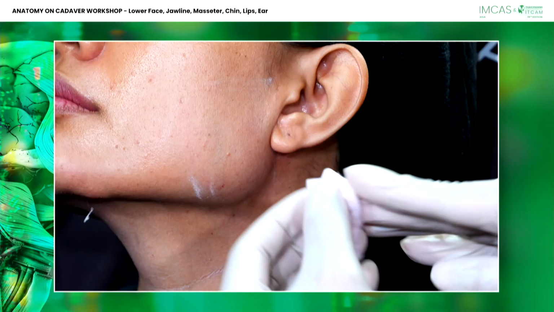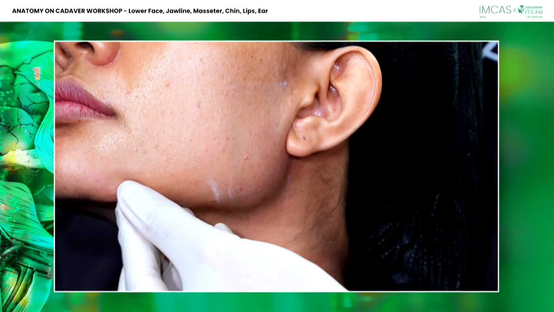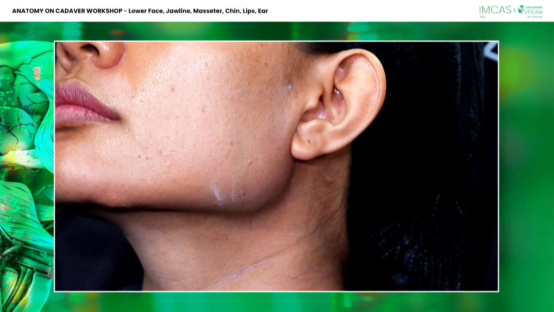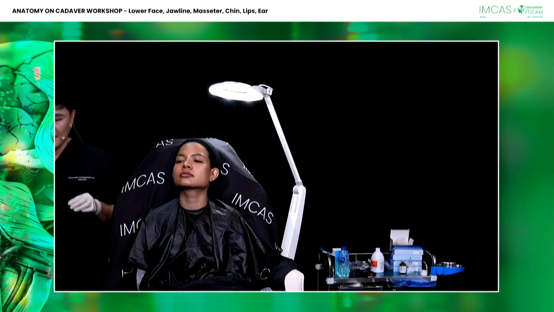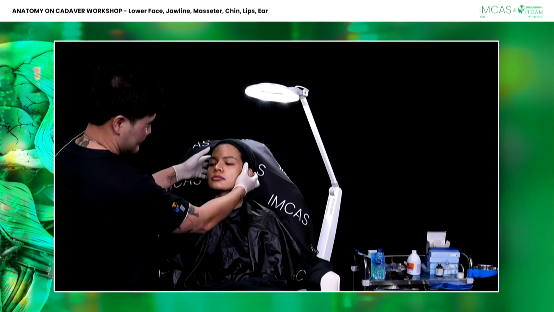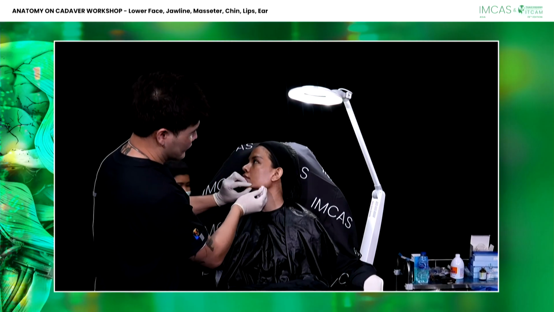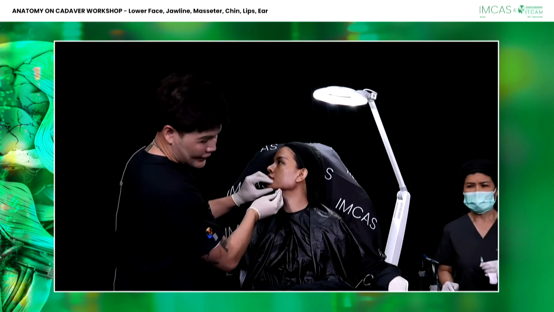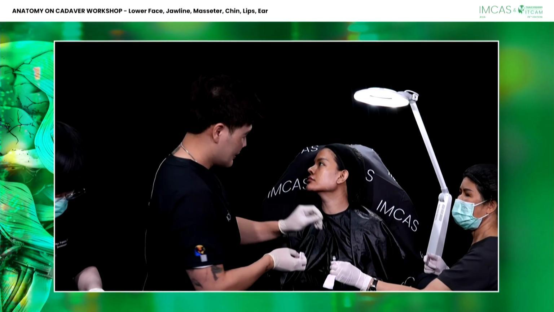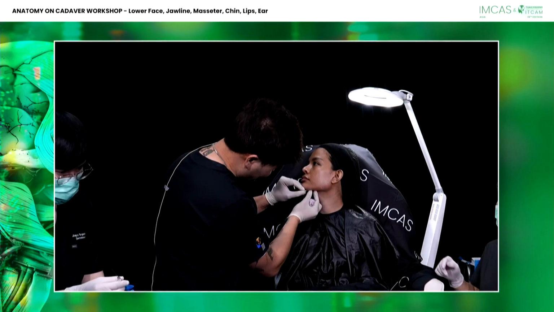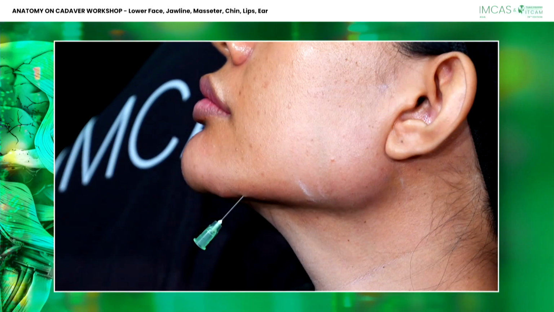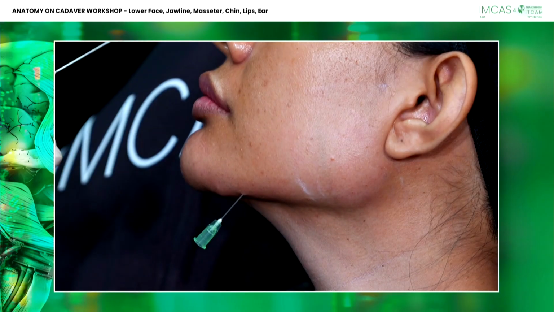Okay, done. Then I will inject in the cutaneous layer along the body of the mandible here. Cannula, please. I will move to this side. Okay, sharp needle, please. Just do one bevel puncture.